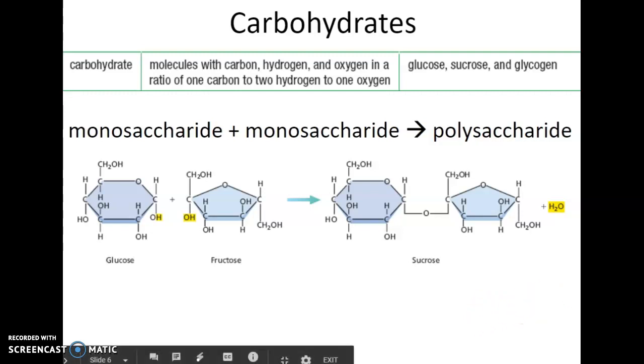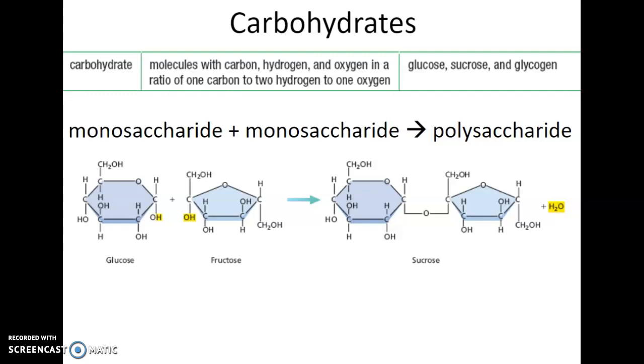The major polymers of carbohydrates in plants would be cellulose, which their cell walls and wood are made of. And in animals, it would be glycogen, the jiggly stuff that you get around your belly if you don't have a six-pack. It would be mostly glycogen, stored also in your liver. So glycogen in animals, cellulose in plants, and the only difference is the way those molecules are put together. The shape of the polymer changes as you put them together.